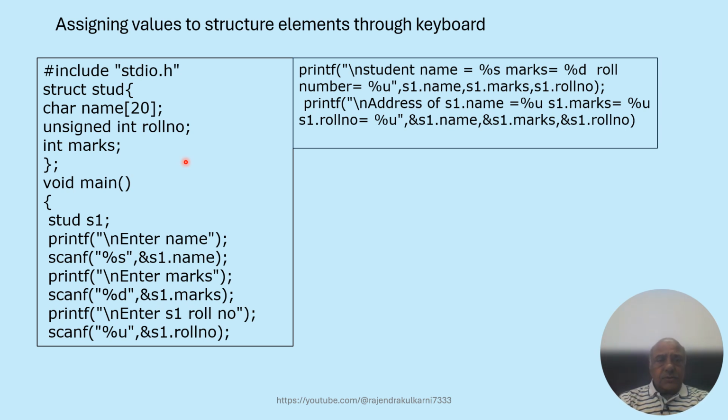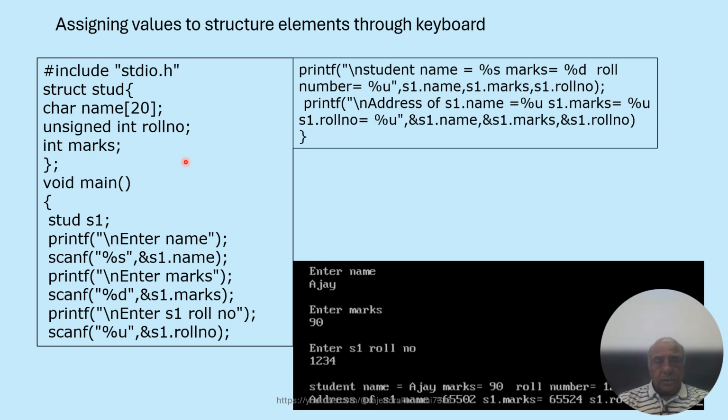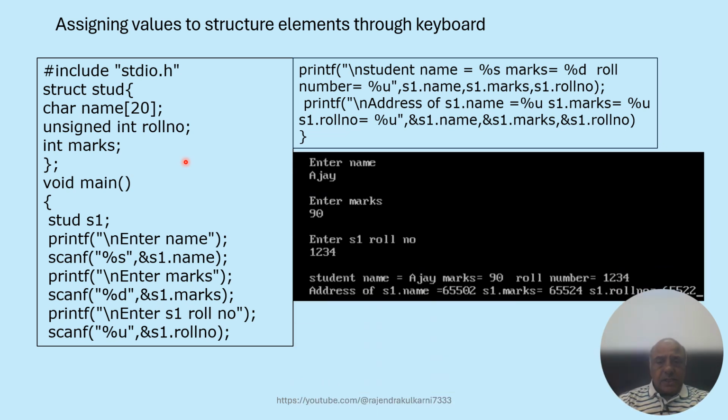Then we are trying to take out the address in memory where these structure elements are stored, or where this structure variable s1 is stored. And when I ran this program, this is the output I got. Enter name, I entered Ajay. Enter marks, I entered 90. Enter roll number, I entered 1 2 3 4.